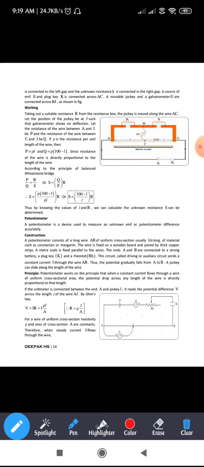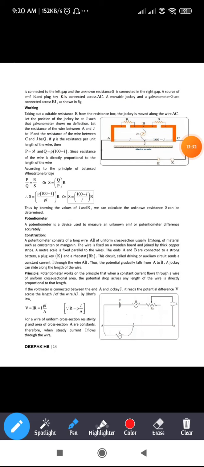The last two lines, I'll read out: thus, by knowing the values of L and R, the unknown resistance S can be determined. That is what I said. L value we will be knowing, and R also we will be knowing.